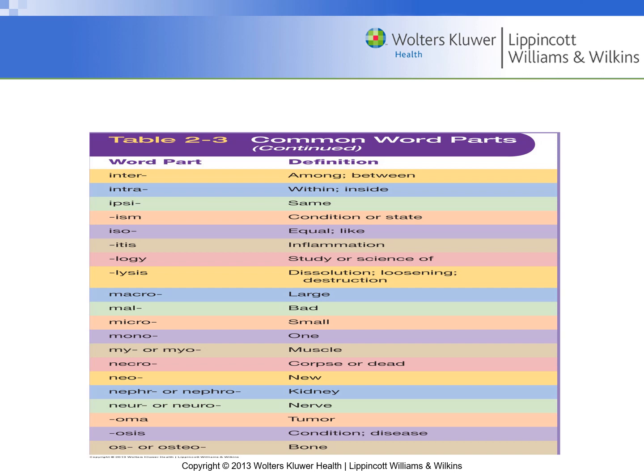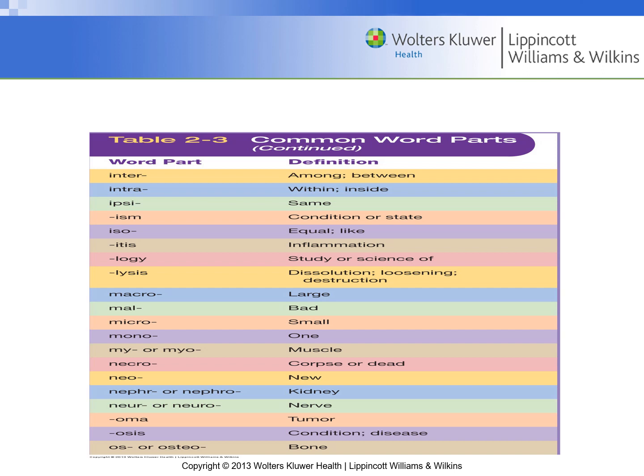Macro refers to anything that is large. Mal usually refers to something that is bad. Micro, small. Mono, one. My or myo is usually something referring to the muscles or muscular system. Necro, corpse or dead. Neo, new.